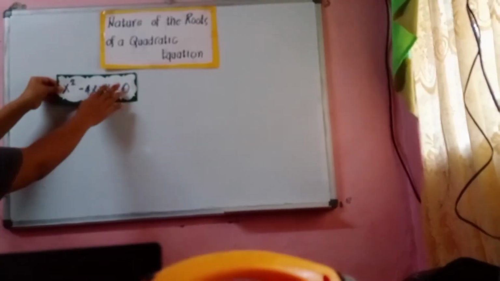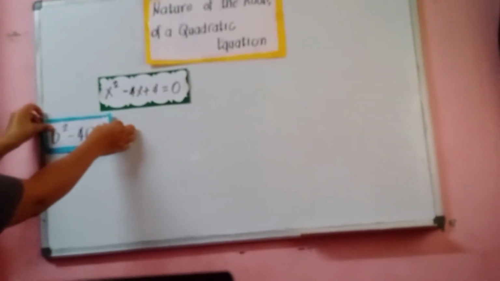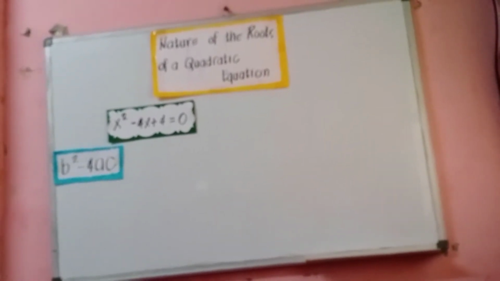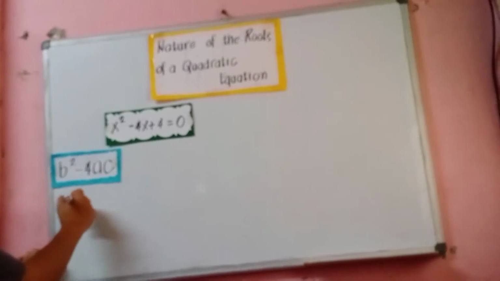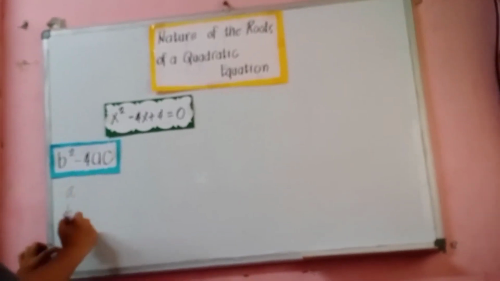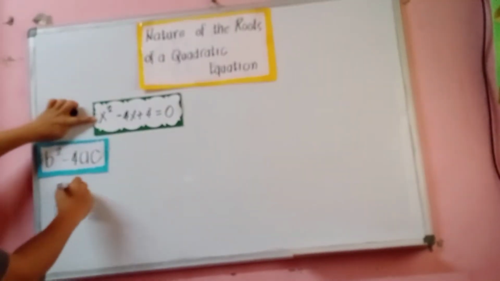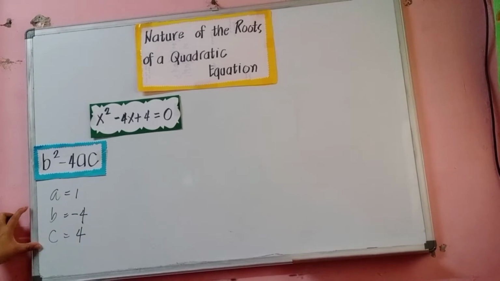Now let's have this one. X squared minus 4x plus 4 equals 0. Similarly, we are going to solve for the discriminant value of this quadratic equation. Again, see to it that the quadratic equation is in its standard form. Since this one is in standard form, identify the values of a, b, and c. In this quadratic equation, we have a equals 1, b is negative 4, while c is 4.